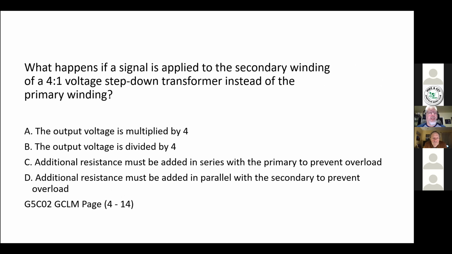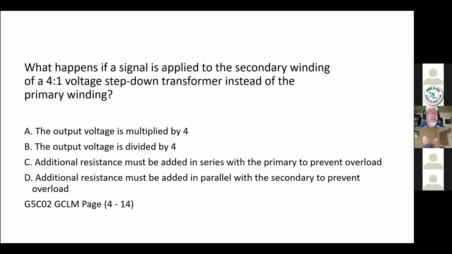What happens if a signal is applied to the secondary winding of a 4-to-1 voltage step-down transformer instead of the primary winding? A, the output voltage is multiplied by 4. B, the output voltage is divided by 4.